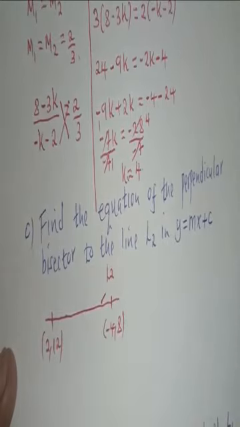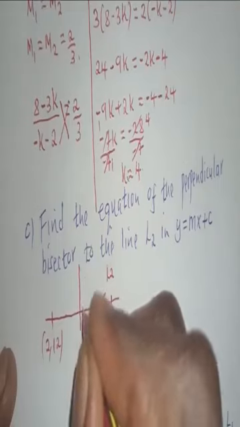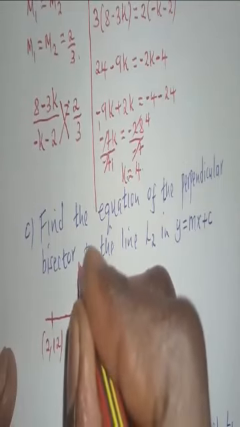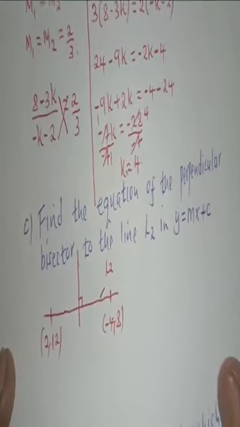So the perpendicular bisector will actually bisect line L2 at the midpoint.